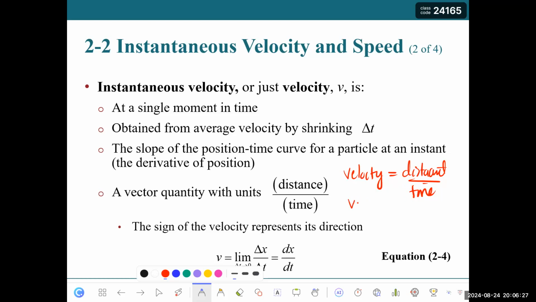We can also write velocity equal to the limit as delta t goes to 0 of delta x over delta t. Really, velocity can also be written like this, dx over dt.